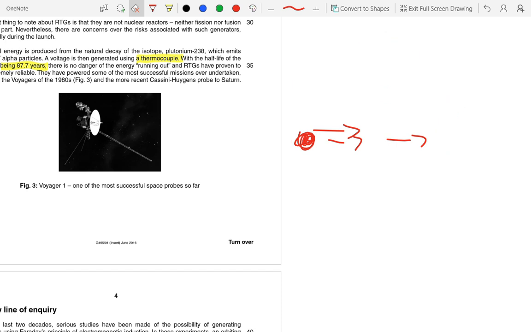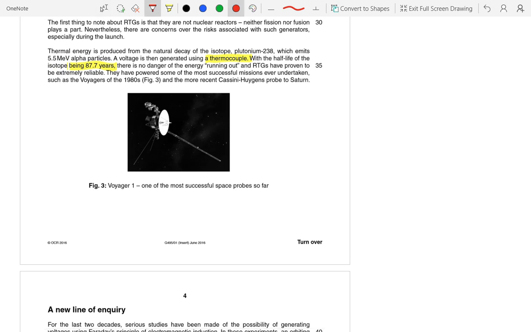So you shouldn't need to know that in too much detail. It'll tell you stuff about it if you need to. It could give you an equation to use for the kinetic energy or something like that. But I think probably the furthest it'll go will be some form of the number of alpha particles, and asking you to work out the temperature at one end, which would be E equals some constant.